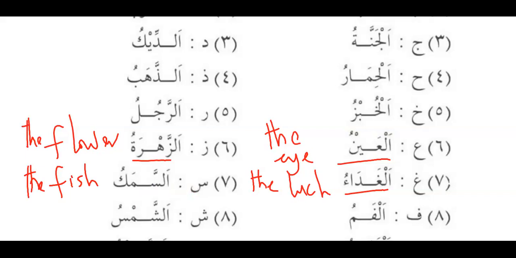So let's just maintain putting "the" in front of it until, when we use this in context, we say this doesn't sound English enough with "the," then we remove it. Do you understand? Okay, as-samaku, the fish. Al-famu, the mouth.